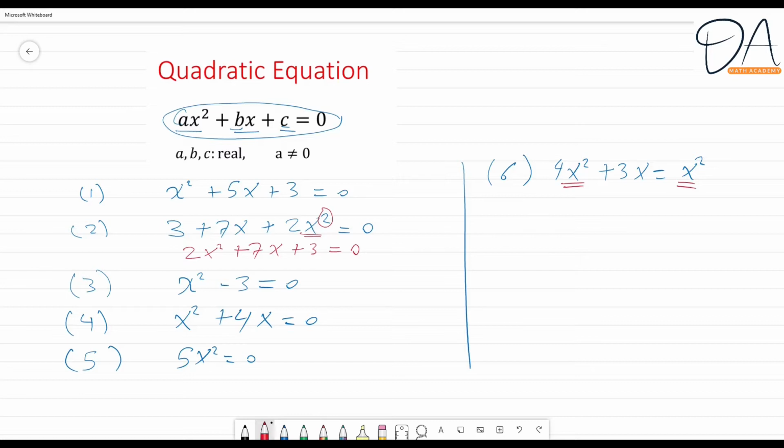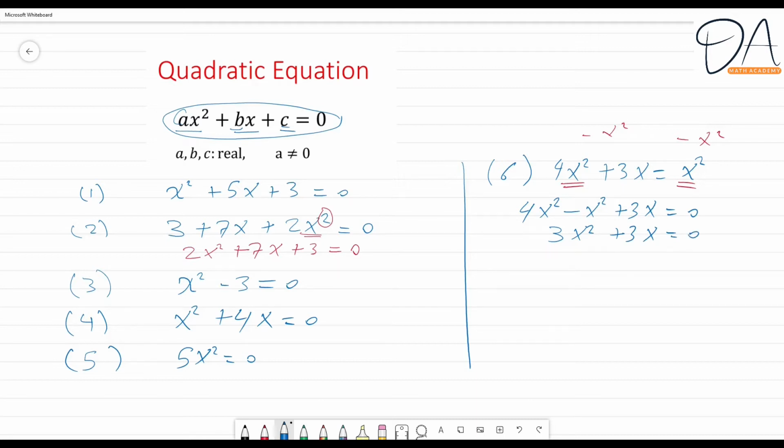What we can do, we can put it in the standard form by subtracting x squared from both sides. So if you do that, what you will get is 4x squared minus x squared plus 3x equal to 0. So when you subtract, you will get 3x squared plus 3x equal to 0. This is again a quadratic equation.